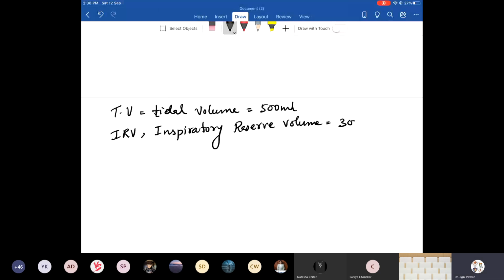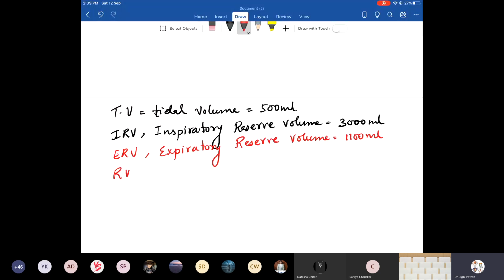Then you have ERV, expiratory reserve volume, 1100 ml. Then RV, which is residual volume, 1200 ml.